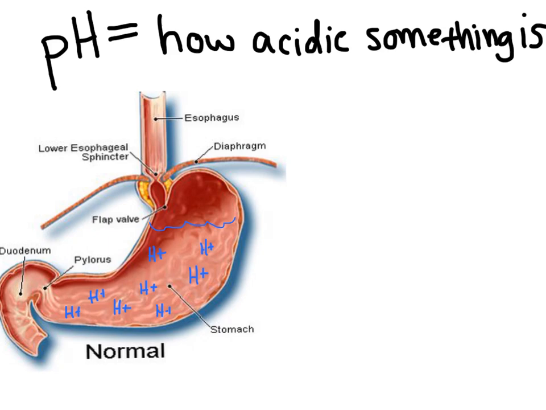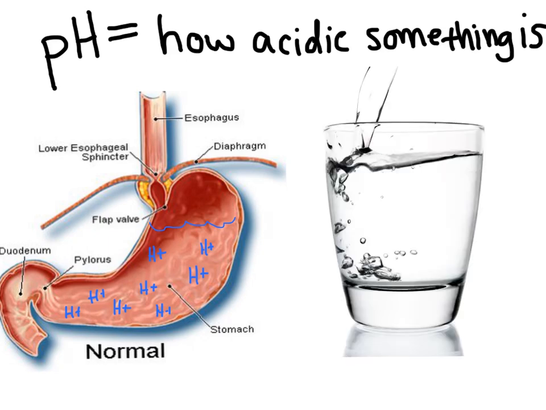If you compared that solution to a glass of water, the water contains far fewer hydrogen protons. It's mostly water molecules in here, but there's a lot more H+ in the solution in the stomach, and so that's what makes it acidic. Water, therefore, has an average pH, a pH of 7, while acidic solutions like our stomach have a lower pH, in the case of the stomach, a pH of 2.